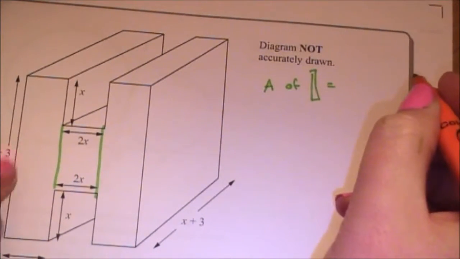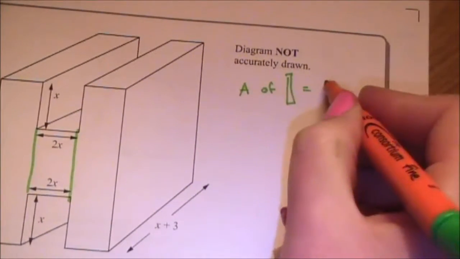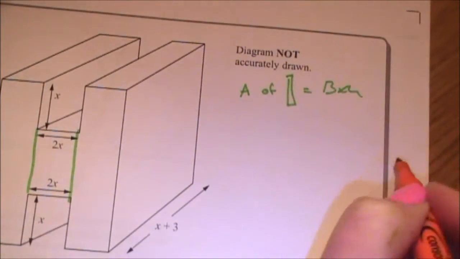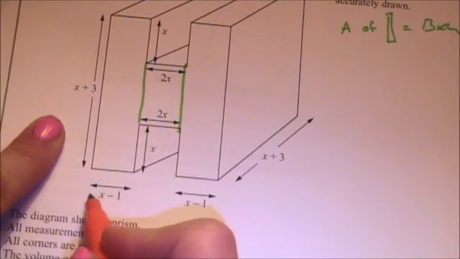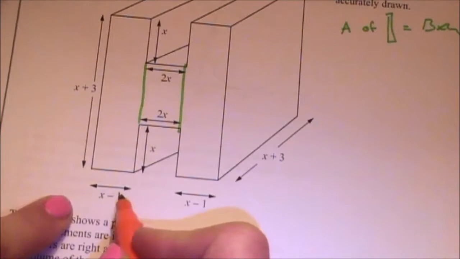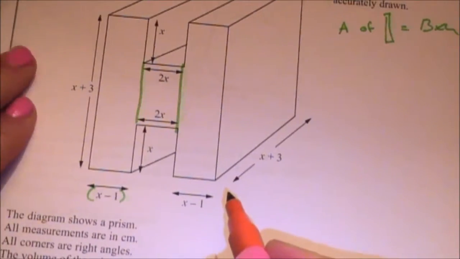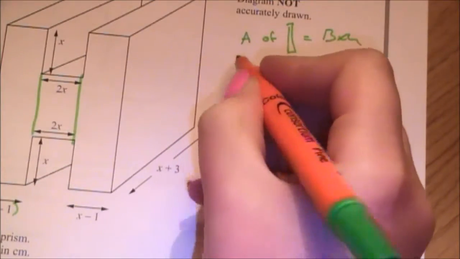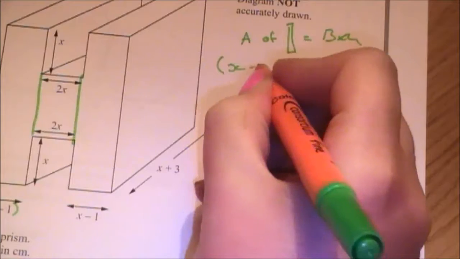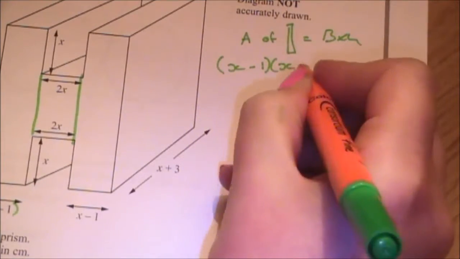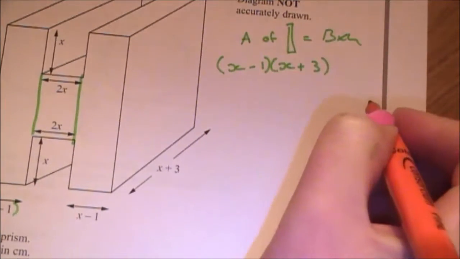And I'm going to find the area of one, and area, as we know, is base times height. Now the base is x minus 1, and remember we tuck it all together in a bracket, and the height is x plus 3. So I'm going to end up with (x minus 1)(x plus 3).